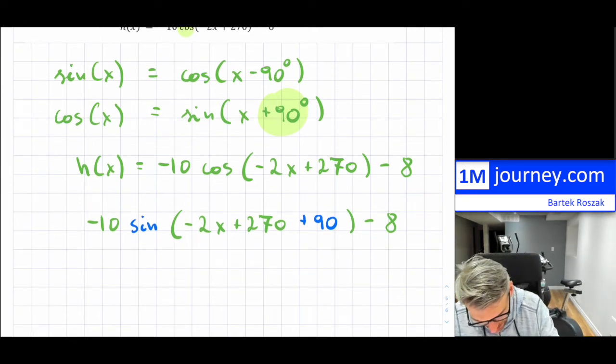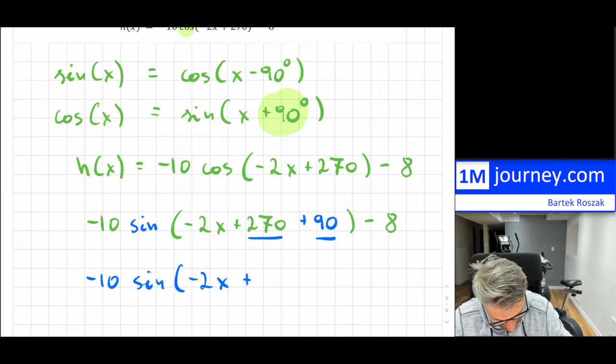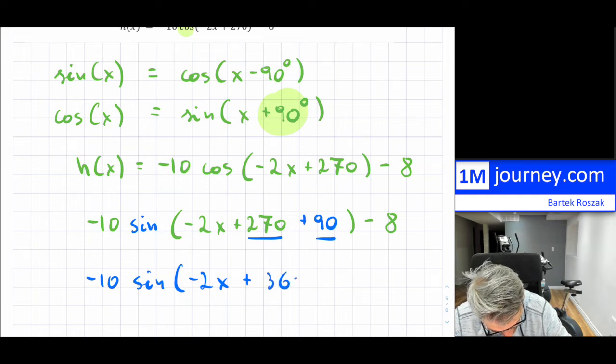Now if you rewrite this, you can say negative 10 sine of negative 2x, plus 270 plus 90, which is 360, minus 8.